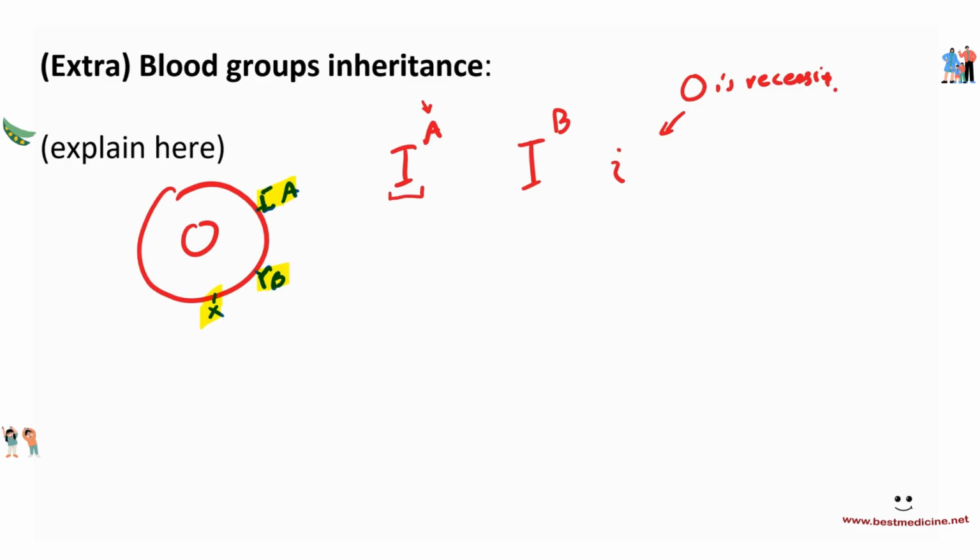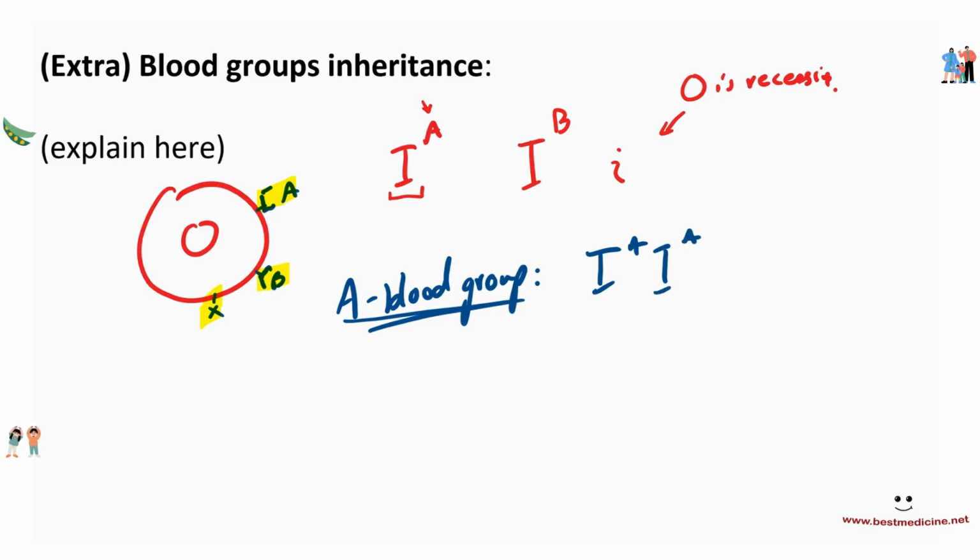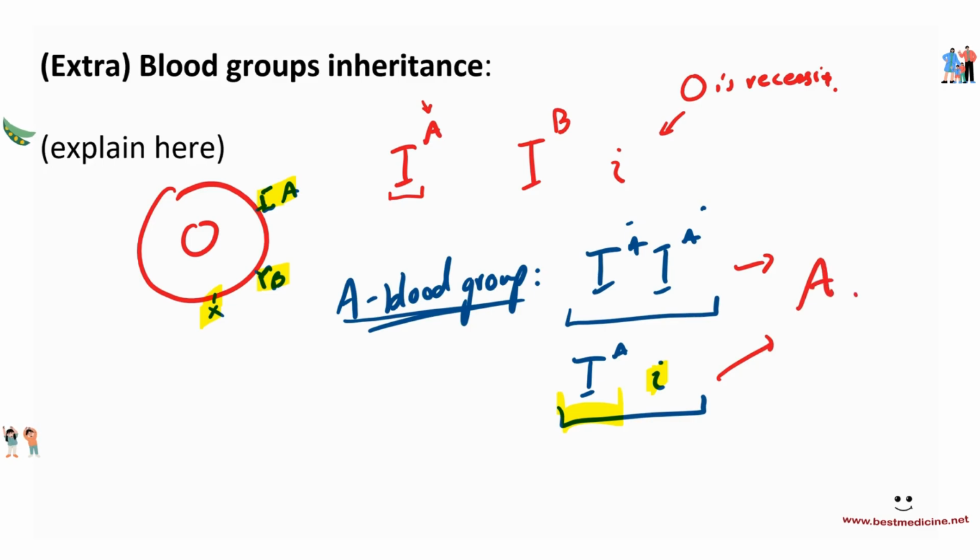So what I mean by this is that if a person has A blood group, they're going to have either IA IA in their genotype, right? Both the chromosomes are going to code for A, or they can have A and O, because O is recessive, so this will be masked by the dominant A allele, and so therefore you're going to get a phenotype of A blood group.